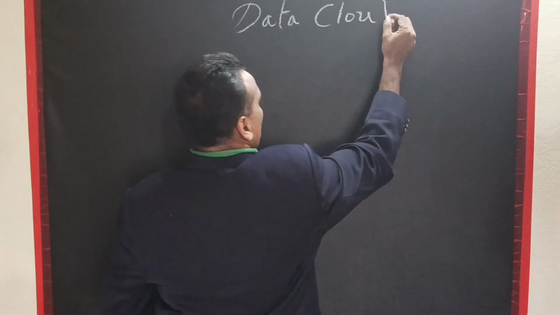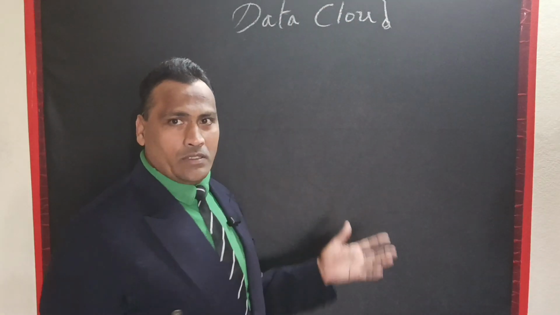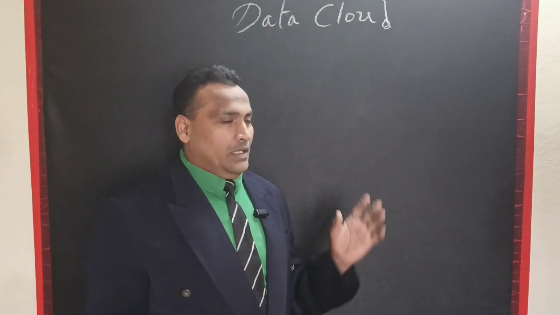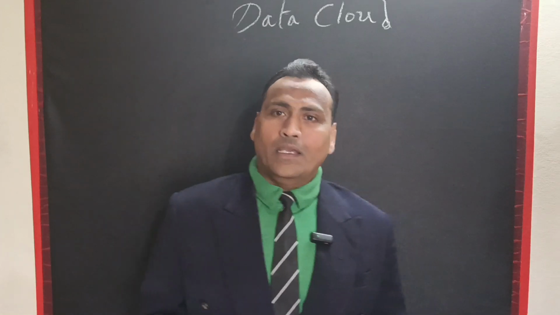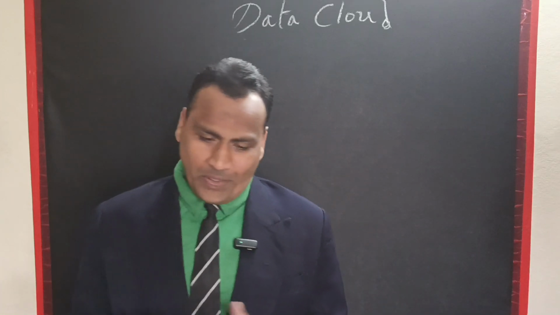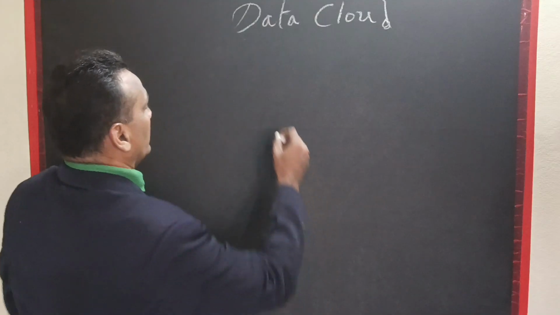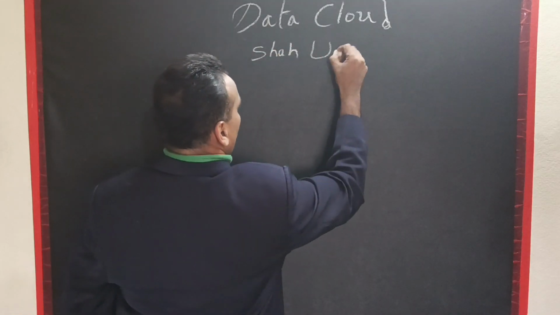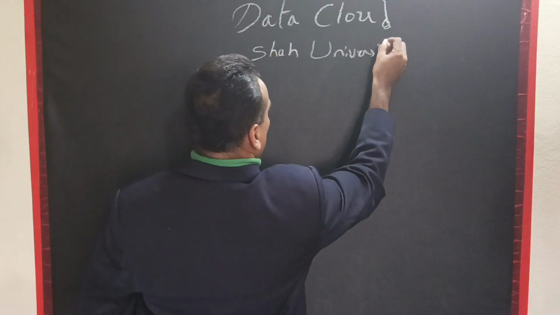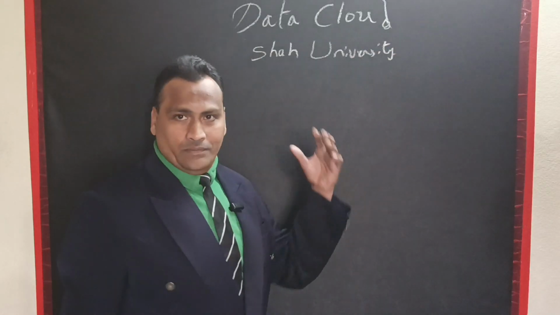We know the CRM clouds: marketing cloud, sales cloud, service cloud, etc. And what is the Data Cloud? Well, per se, in any enterprise we have an organization, something like Shah University, for example, a hypothetical client.